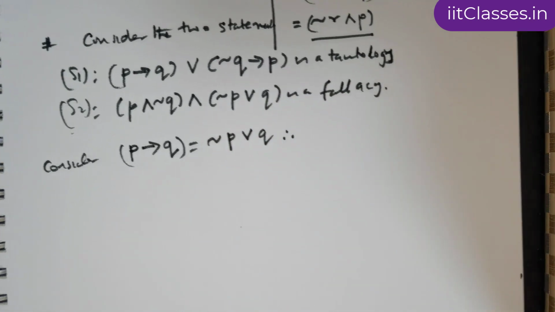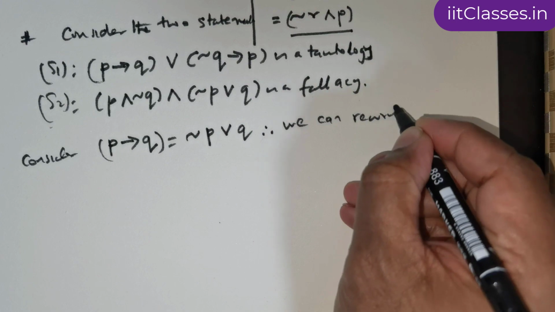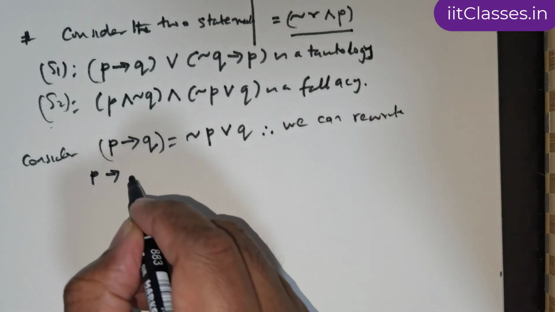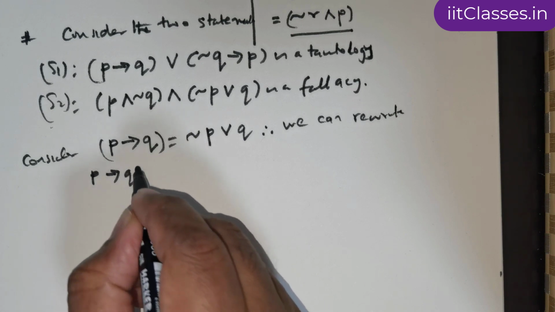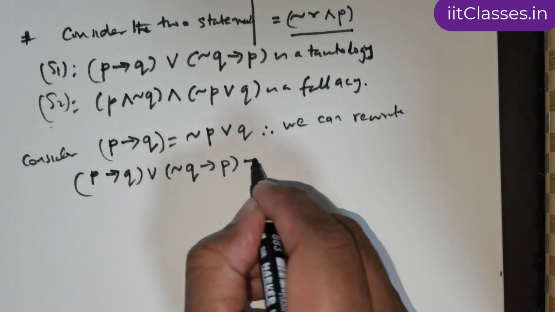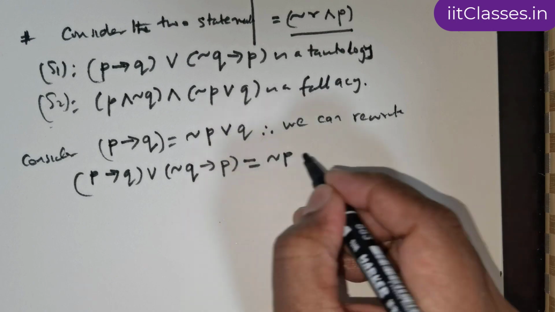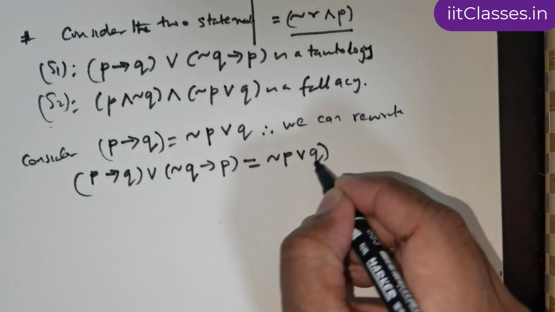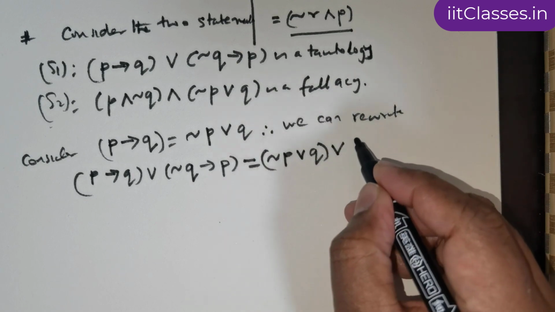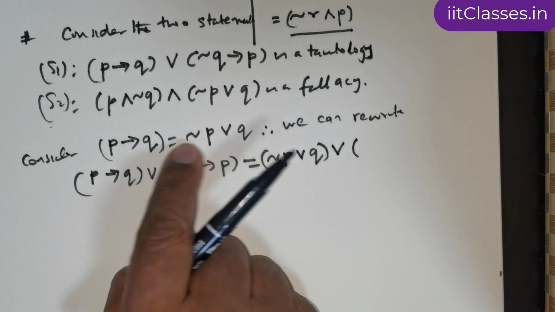So therefore we can rewrite P conditional Q disjunction negation of Q conditional P as, in place of this, I'm going to substitute negation of P disjunction Q followed by disjunction of, now I just gave you this particular formula, right?